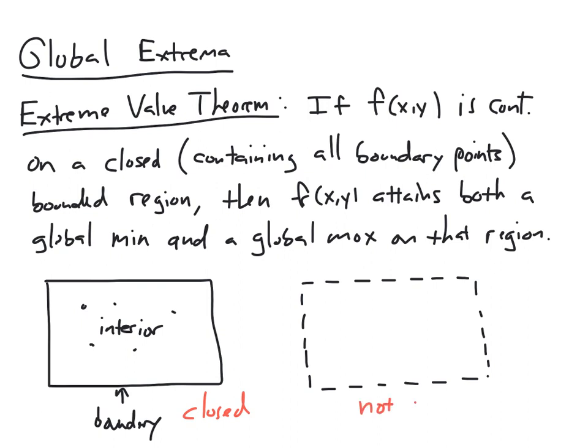This example is not closed because it does not contain all of the boundary points. And even in the second example, even if I closed up some of it, maybe I'll go ahead and fill in 3 of the sides, this is still not closed. It needs to contain all boundary points to be closed. So it has to contain every point on the 4 sides of that rectangle.